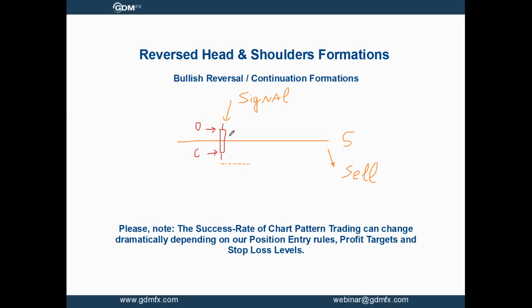So if we see something like this, then we can say that we have a confirmed breach, and we can open our sell position. If the next candle does not proceed lower than the lowest extreme of the signal candle, then we can call it a fake out and remain waiting.